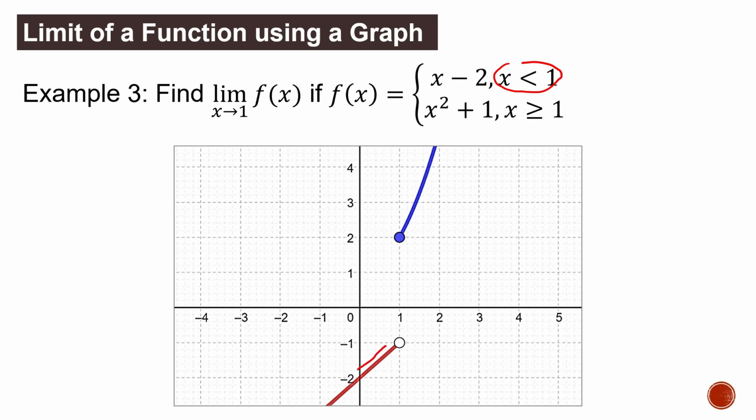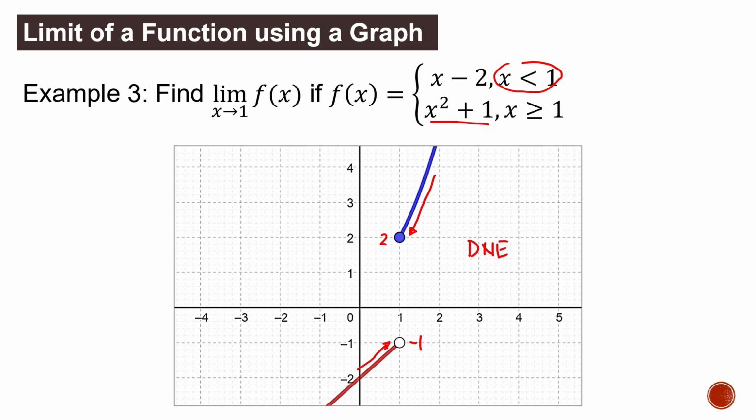But on this side, it's going to reach negative 1. On this side of the function, which is the representation of x squared plus 1, the blue graph, that's going to be positive 2. So they don't really meet, or they're not getting closer and closer to a certain y value. That's why the limit of this function does not exist.